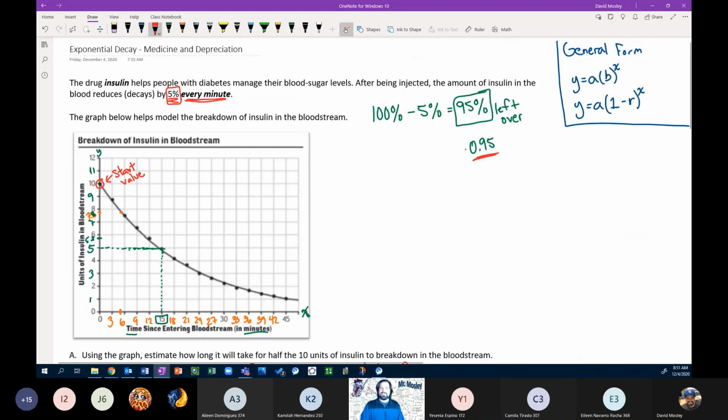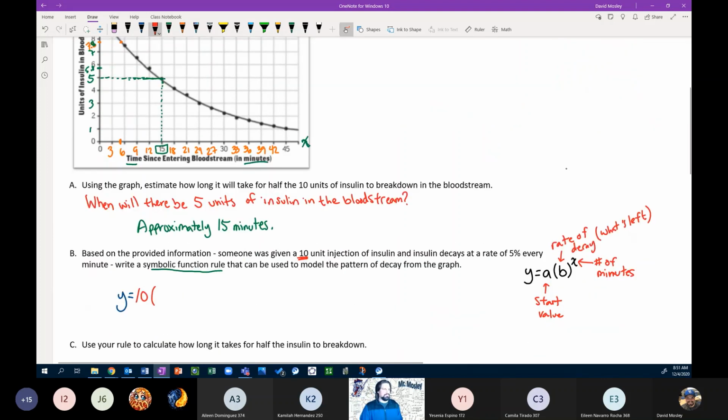We have 0.95 as the remaining portion, 95%. We lost 5% every minute. We get to keep 95%. In the parentheses here, we have 0.95 to the power of x.